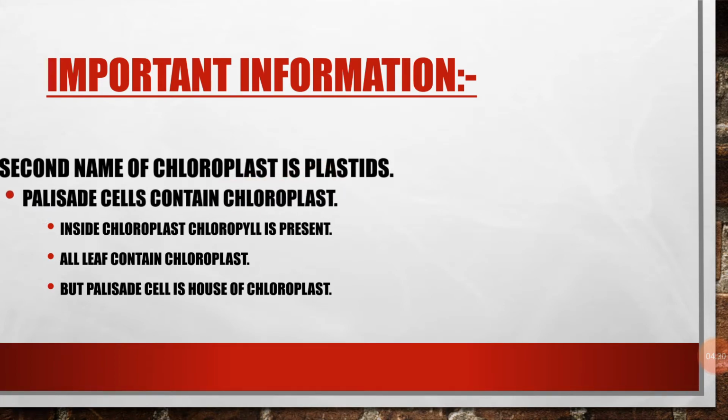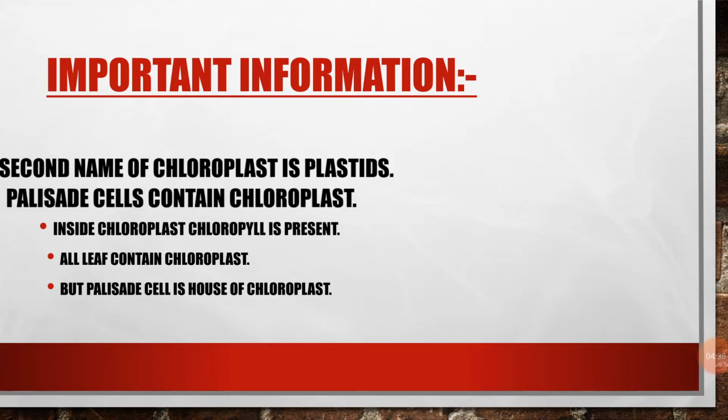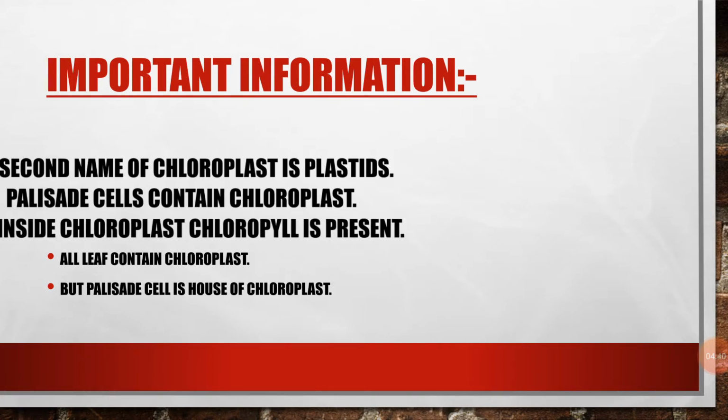Next, palisade cells contain chloroplast. As I told you earlier, inside the chloroplast, chlorophyll is present. And why is the chlorophyll present? To trap the maximum sunlight. And for which purpose are they trapping sunlight?